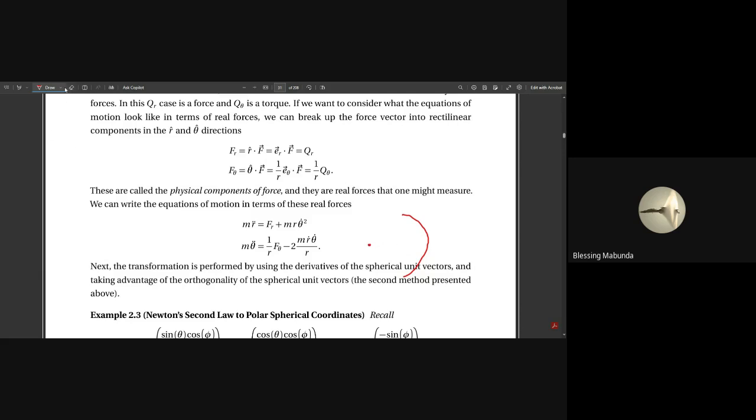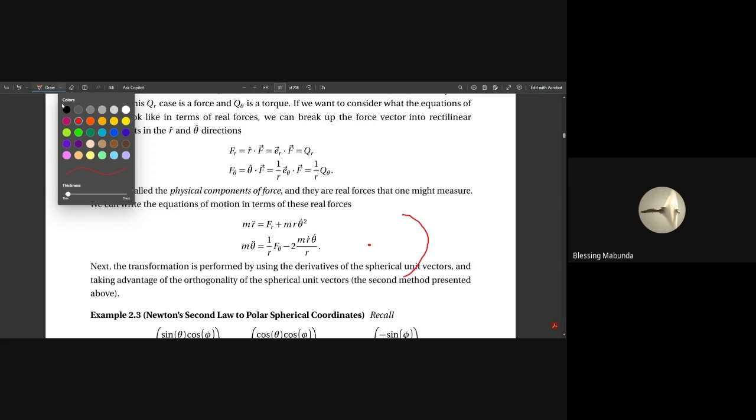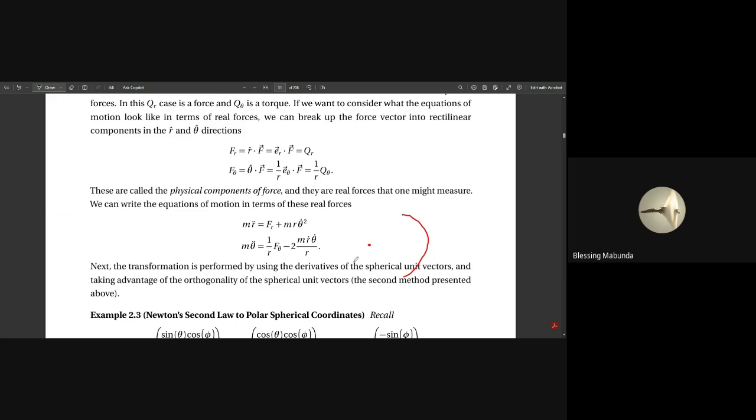The limitation of Newton's second law applied to the xy coordinate system is that the math will be quite complex for such a system.